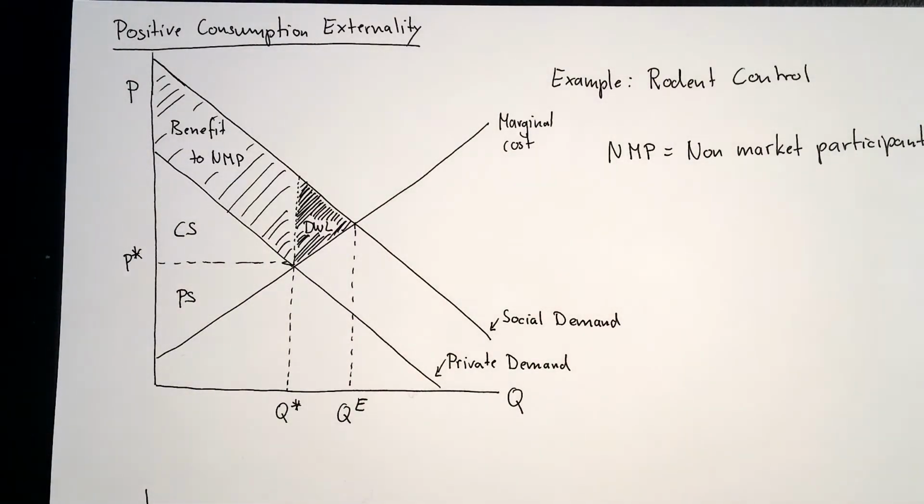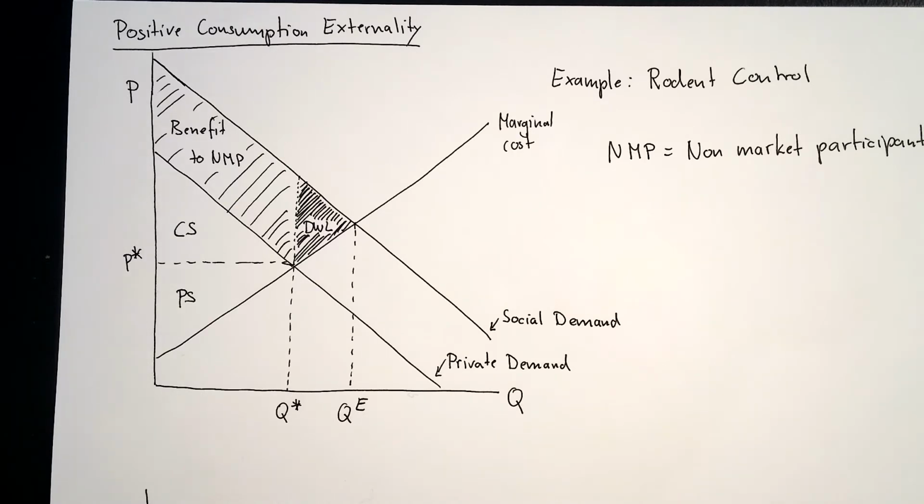Now, when we have a negative production externality, we said that with a Pigouvian tax, we can restore efficiency. Here, in order to restore efficiency when we have a positive consumption externality, we need to provide a subsidy to consumers.